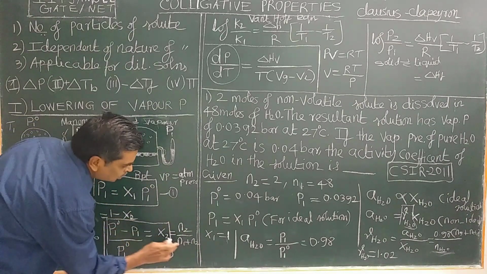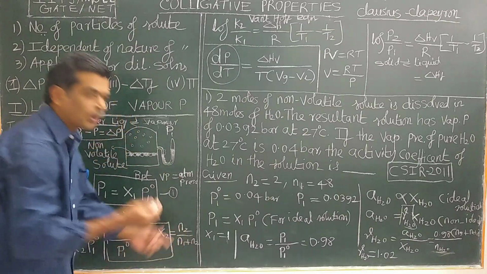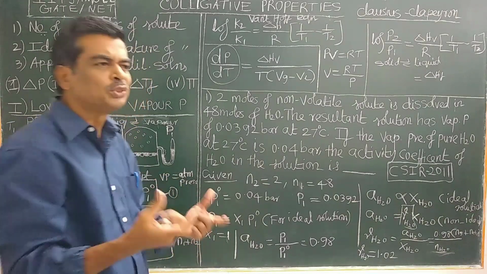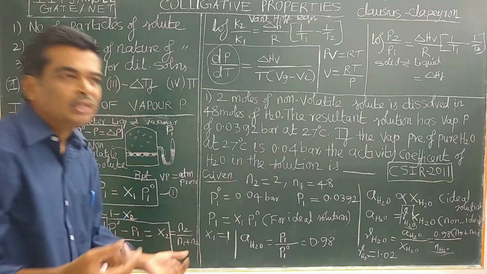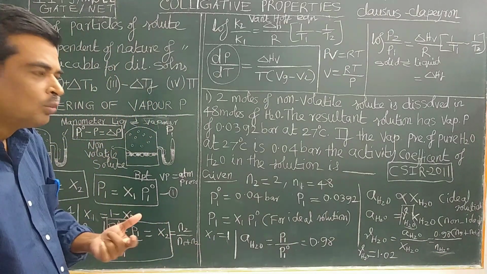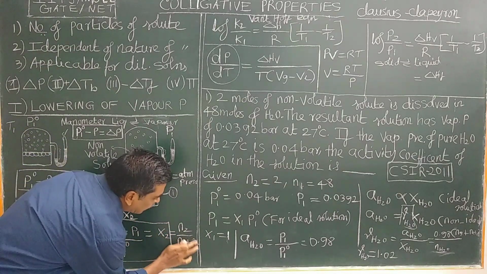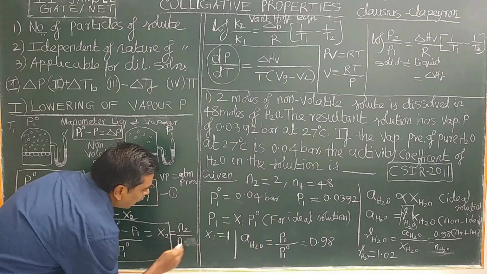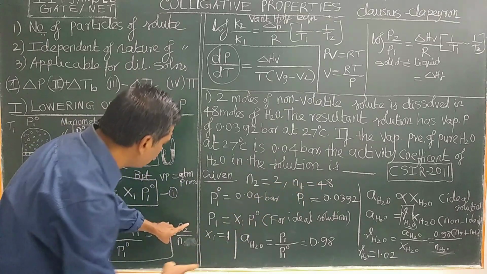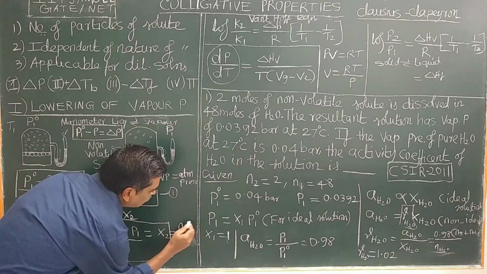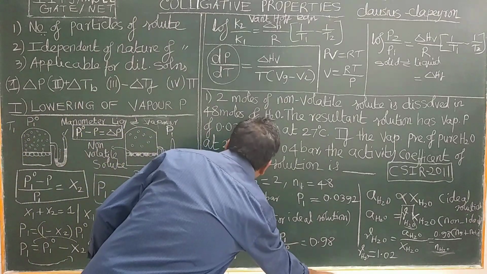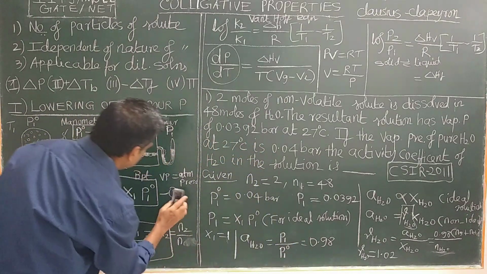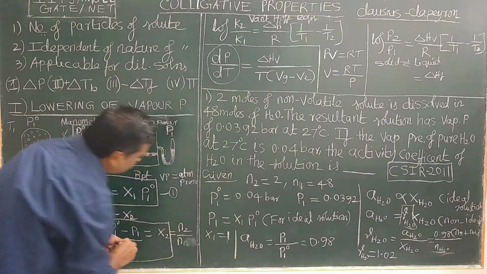Now, for a very dilute solution, N2 is very, very small. For example, this is 1000, this is 1, so 1000 plus 1 is about 1000. Therefore, this can be neglected. And again, as we said, what is N2?